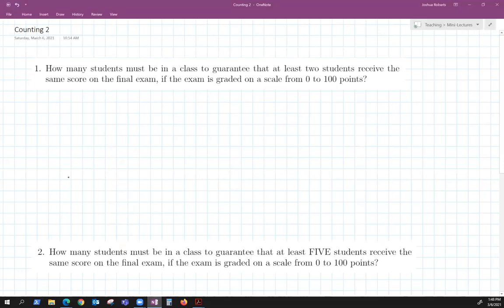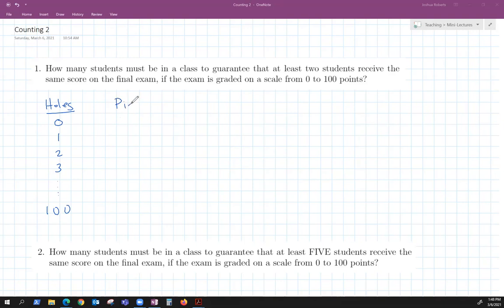Number one, how many students must be in a class to guarantee that at least 2 students receive the same score on the final exam if the exam is graded on a scale from 0 to 100? Well, in this case, the pigeonholes are going to be grades. So a person can score a 0, a 1, a 2, a 3, all the way up to scoring 100.